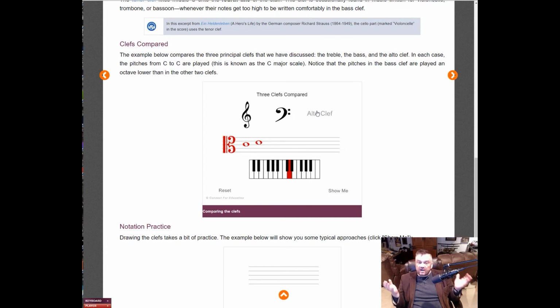Okay, so I hope that this is fairly self-explanatory for you. Notice how the notes on the piano did not change, right? Only the notes on the musical staff changed based upon the clef.